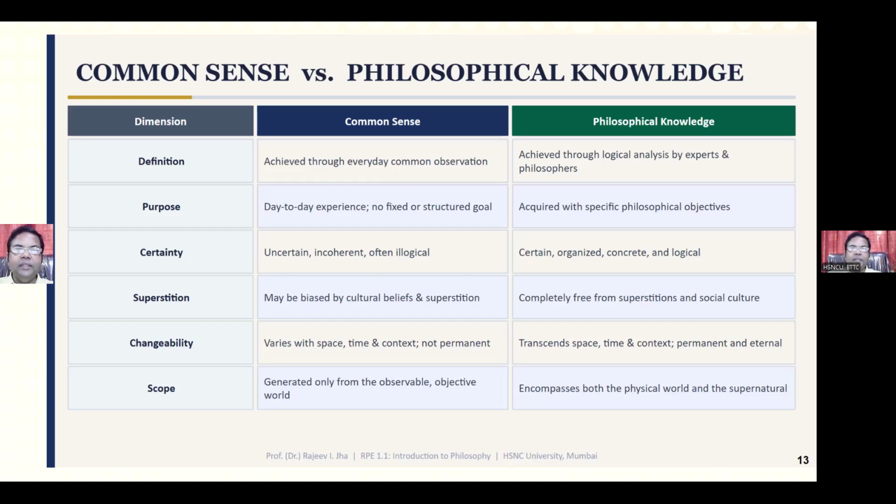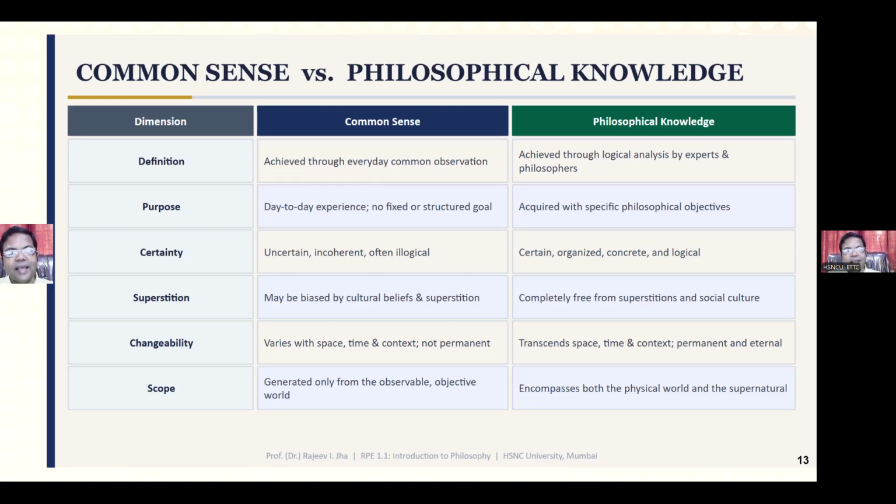In commerce and management, consider how businesses routinely operate on common sense assumptions about consumer behavior. Assumptions that frequently turn out to be wrong because they were never subjected to philosophical scrutiny. Why do consumers make irrational choices?